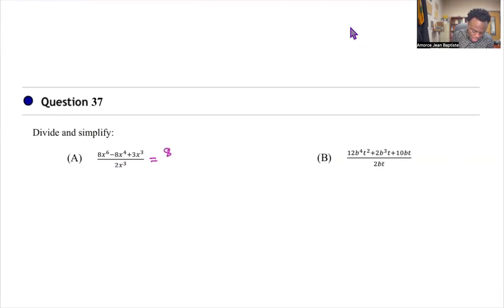That's 8x to the 6 over 2x3 minus 8x to the 4th over 3x3, and then plus 3x to the 3rd over 2x3. Simplify this. 8 divided by 2 is 4.